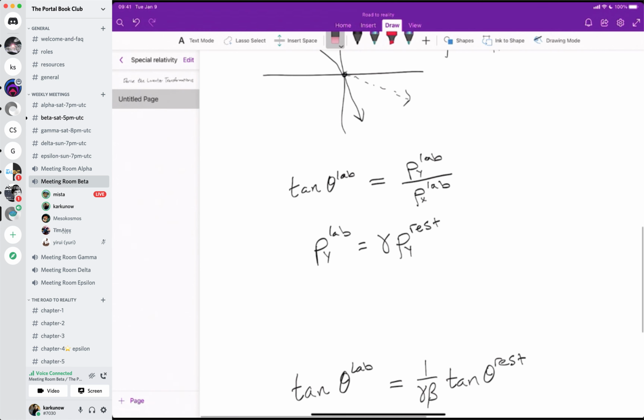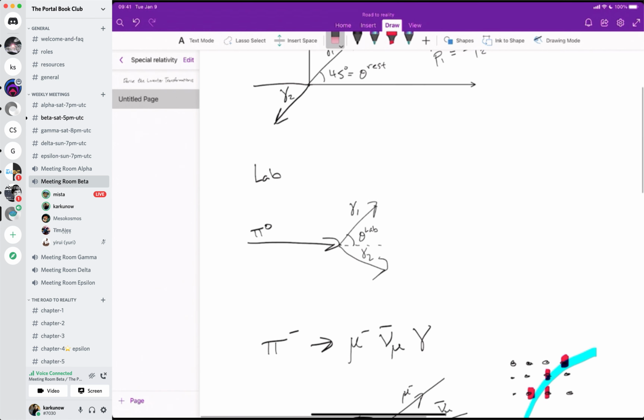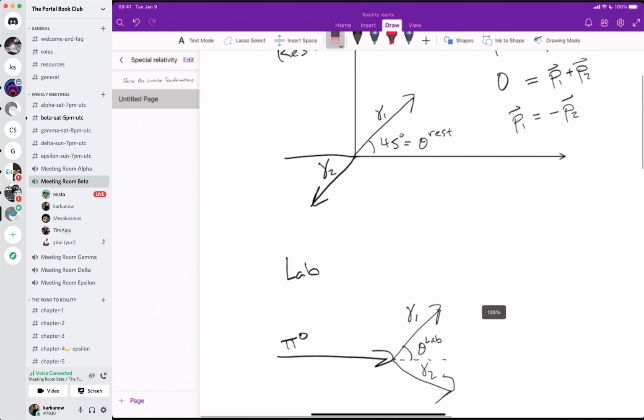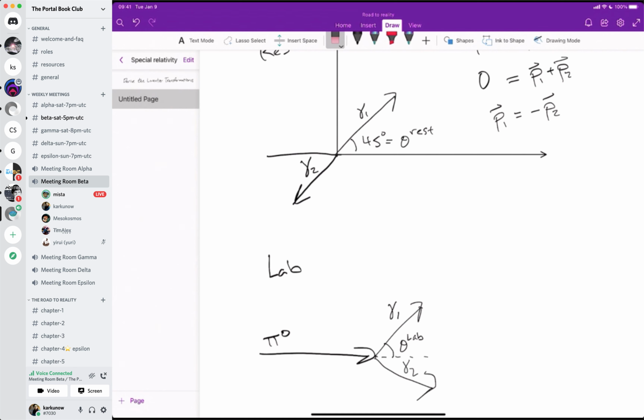Yeah, so this is sort of what we expect if we go back to my drawing up here, right? Even though in the rest frame it's 45, since the pion is actually moving, we would think that this would get pushed toward the x-axis because of the high speed. I think this is where the visualizations from Chris's videos come in well, right?